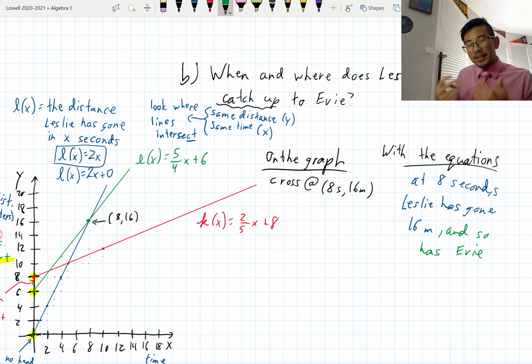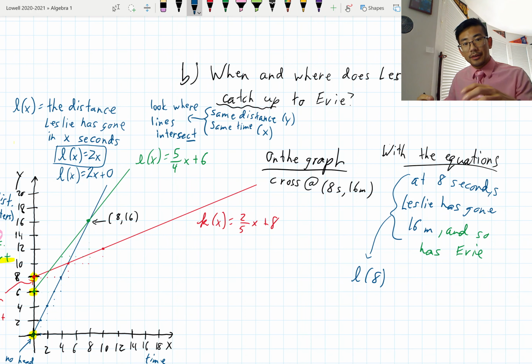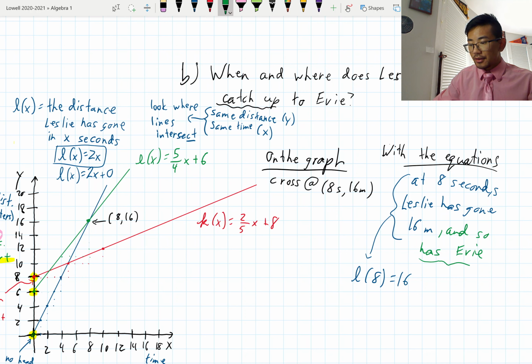Now here's what's nice, I can use my function notation here, tying everything back, to write this out. If this is true, then we would have to say that L of 8, because 8 is our input, remember, inputting 8 seconds, equals 16. And likewise, E of 8 would also have to equal 16.